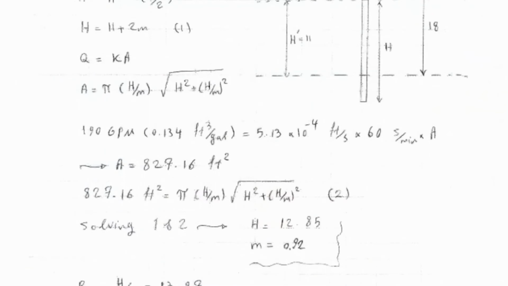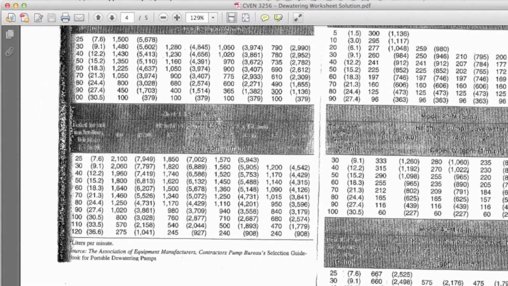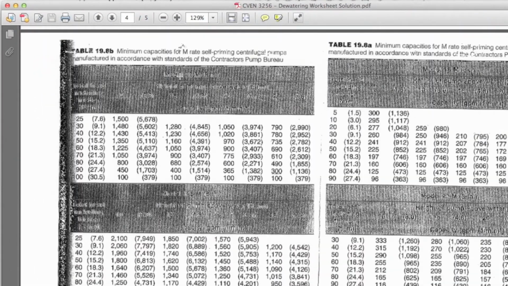So if there's 3 of them, let's go to this guy, and we've got a chart here. Looking at this chart, I can't really read what it says here, but if you go to page 680 in your book, chapter 19, you'll see that this up here gives you the model number.